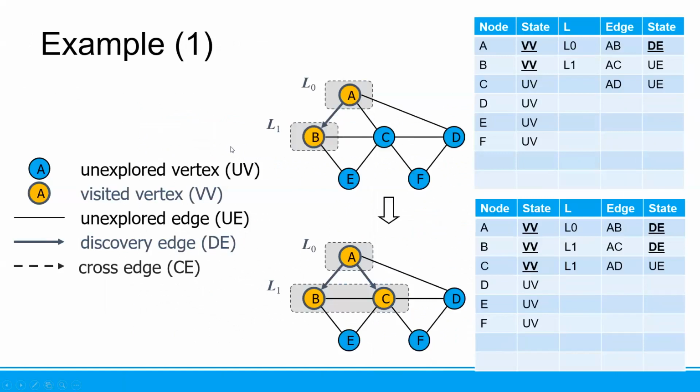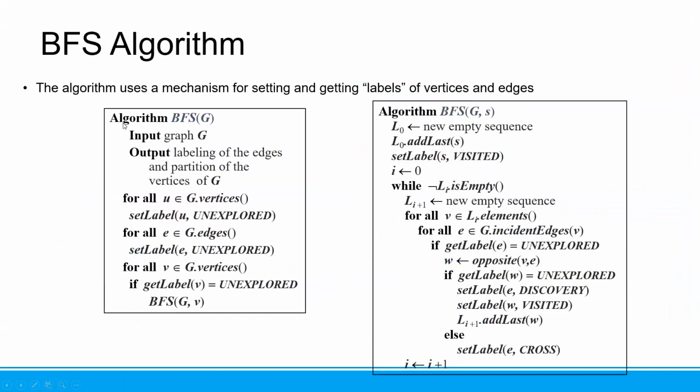Okay. We have possible edges AB, AC, and AD. All of them are first unexplored, but I put this one as the first state, which is discovery. And we know that the L1, if AB at the first time it is unexplored.